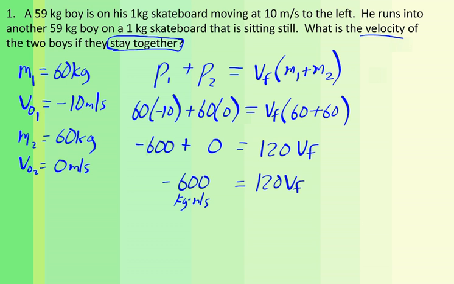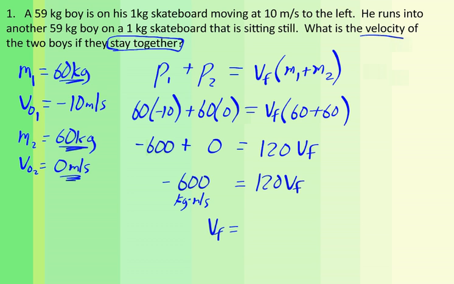And so if we're looking for that final velocity of the two kids stuck together, actually you might recognize it from one of those video clips. This is a special case if both masses are identical and they stick together. If one of them started at 0, it's a unique situation where they're actually going to be going half the speed.